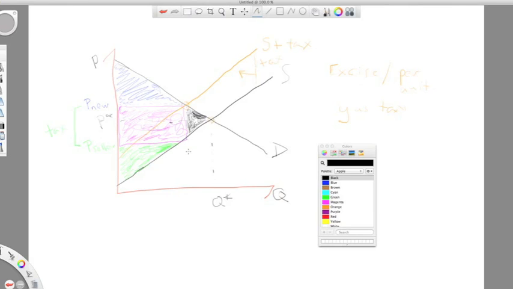And the reason is that when the tax is imposed, of course, quantity falls, right? This is the new quantity out here. And that new quantity being lower than the existing one means that there are some trades that used to happen out here at Q star that do not happen down here at Q new, at the new quantity.